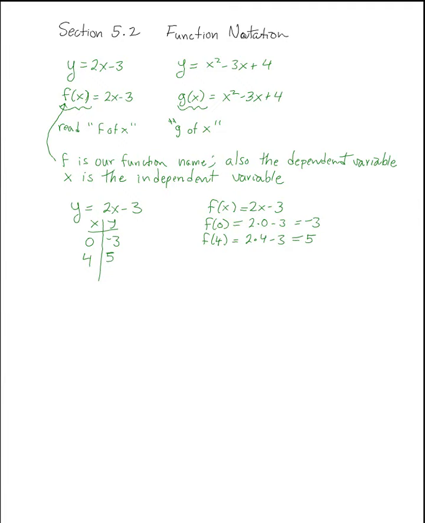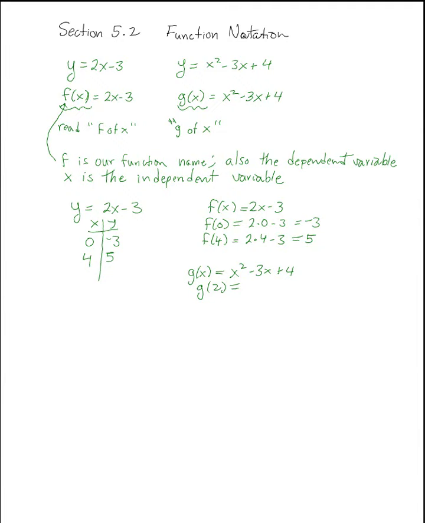All right, let's look at g of x equals x squared minus 3x plus 4. I'm going to ask you to find g at 2. All I'm really telling you to do there is take 2 and plug it in for x. Again, this g parenthesis 2 does not mean multiply. That's the common mistake people are going to make.